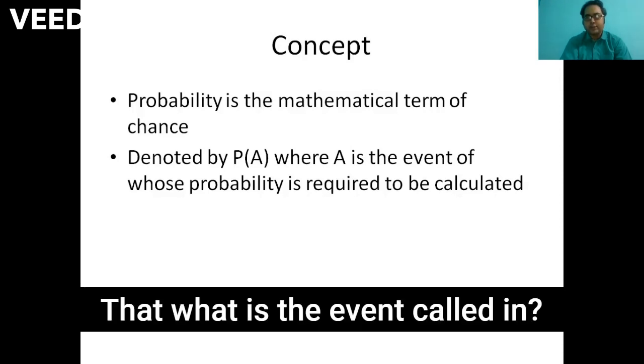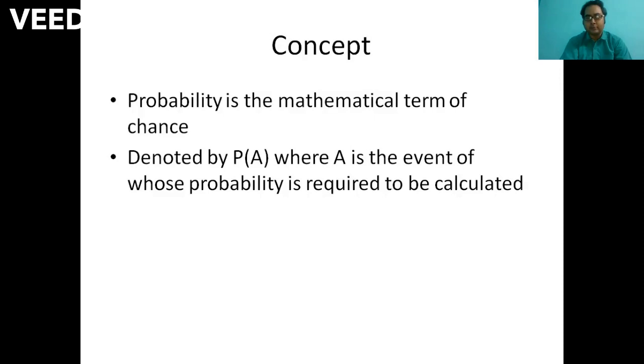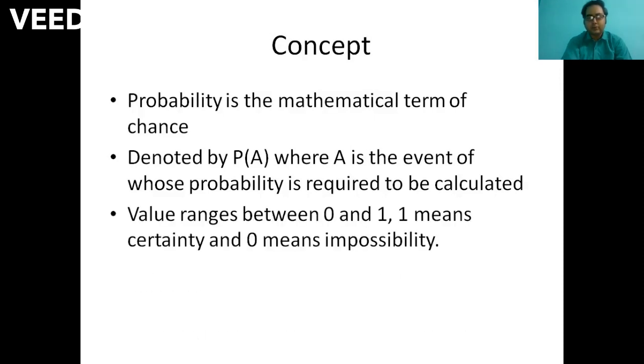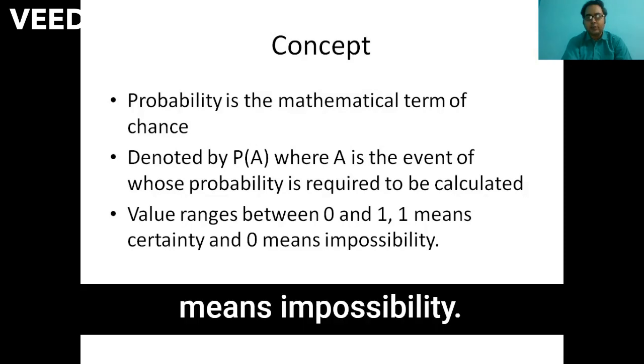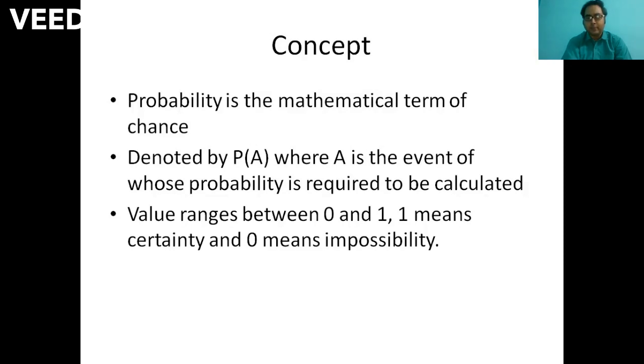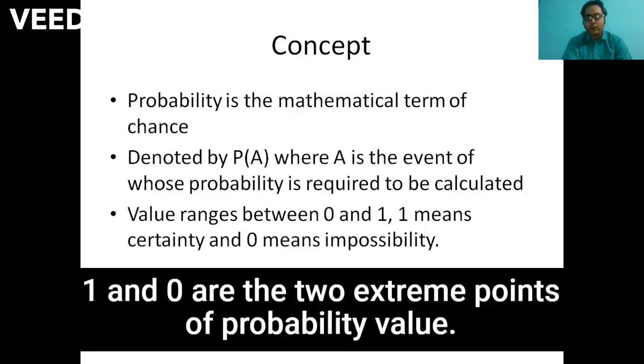That what is the event called A. Its value ranges between 0 and 1. 1 means certainty and 0 means impossibility. 1 and 0 are the two extreme points of probability value.